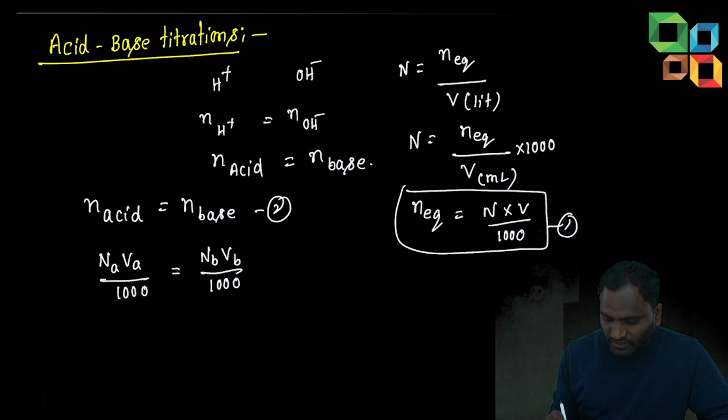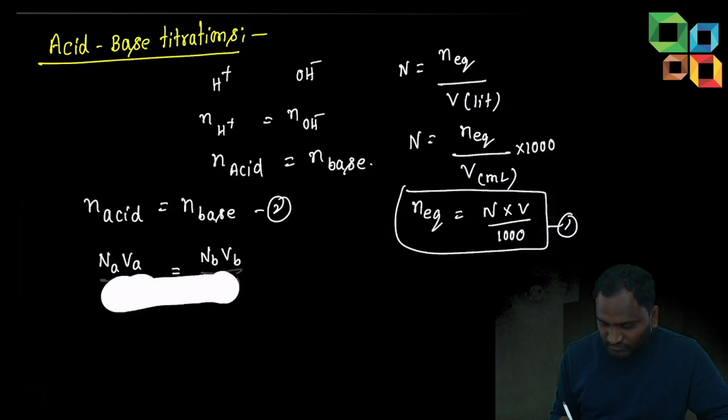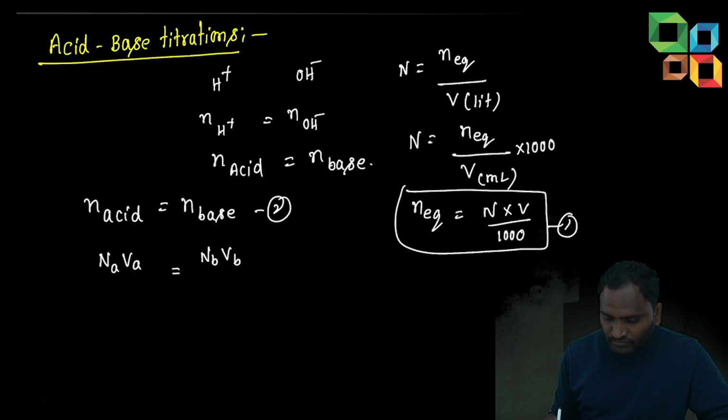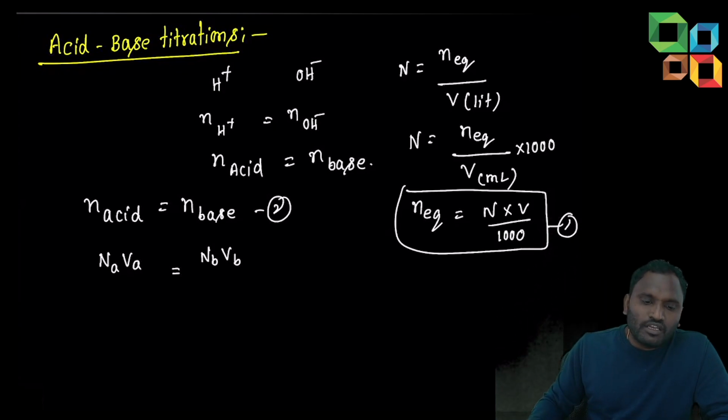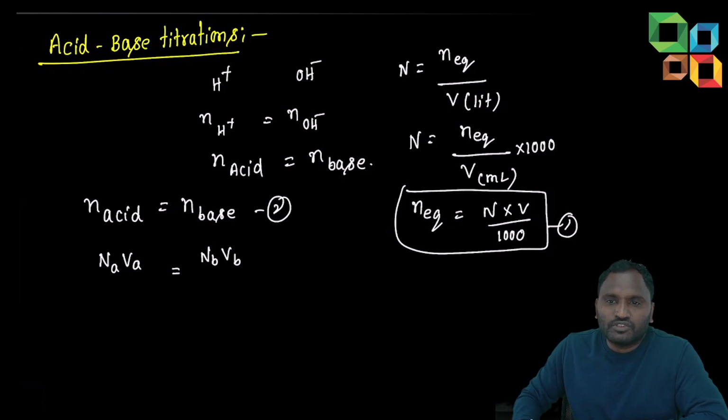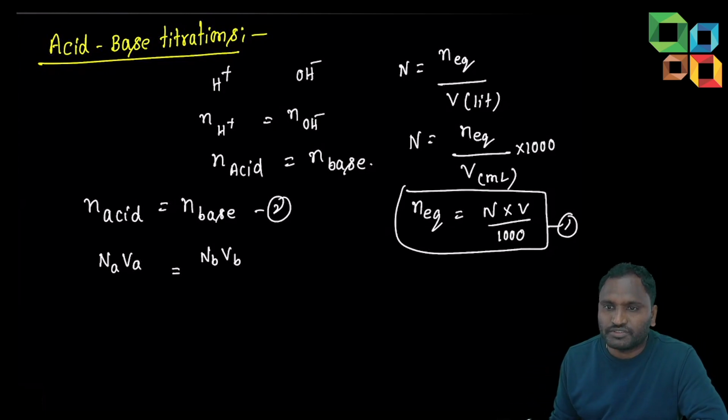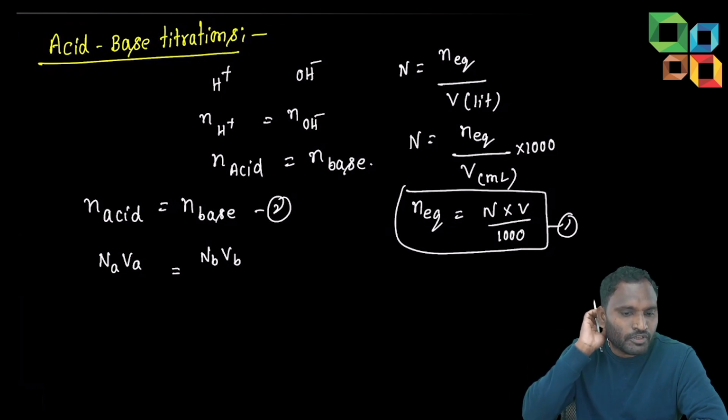The 1000 will anyway get cancelled. So from this we can write NaVa is equal to NbVb.